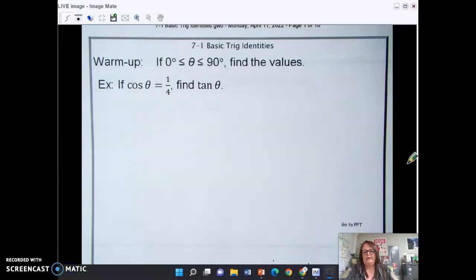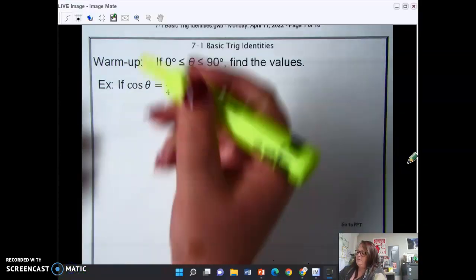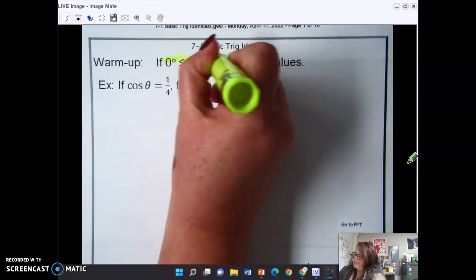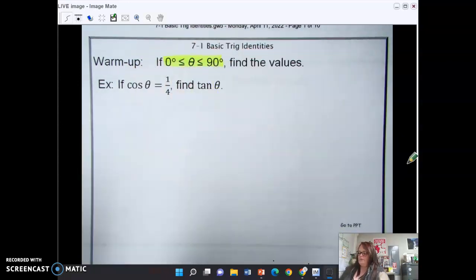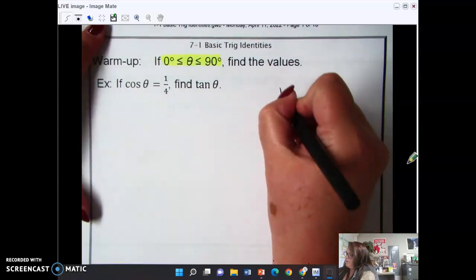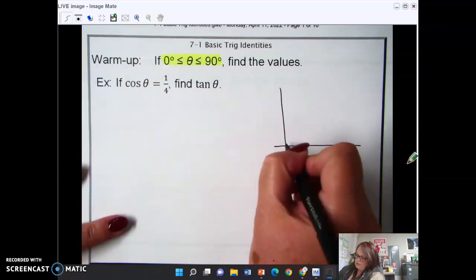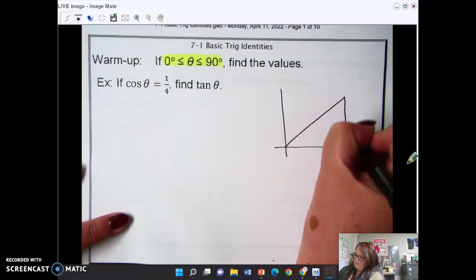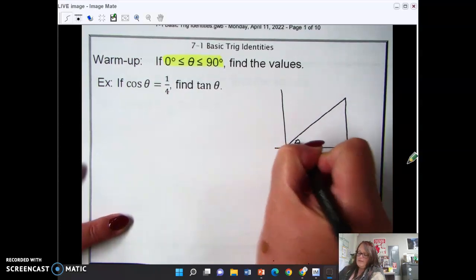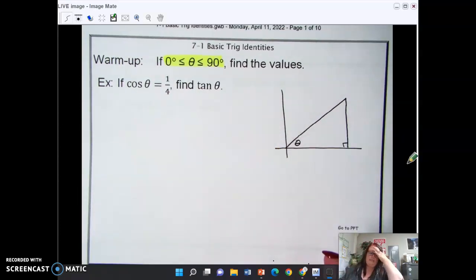So you'll notice in the directions, it gives us an important piece of information, which is that theta lies between 0 degrees and 90 degrees, which means that this is going to be a first quadrant function. And so we're going to draw a triangle in the first quadrant, and this is going to be my theta value somewhere between 0 and 90.